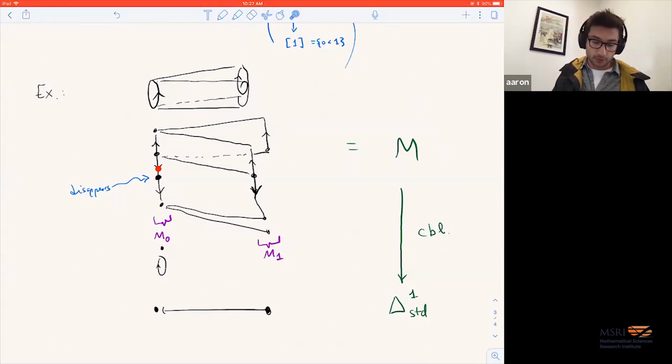Okay, so yeah, things can be multiply covered like that, or multiply covered here. Things can be unchanged, like this dot.